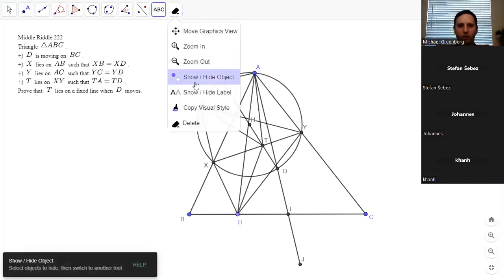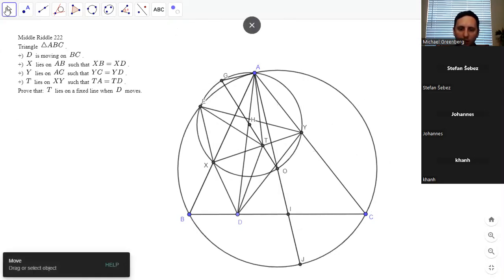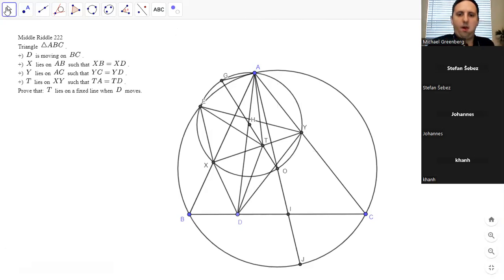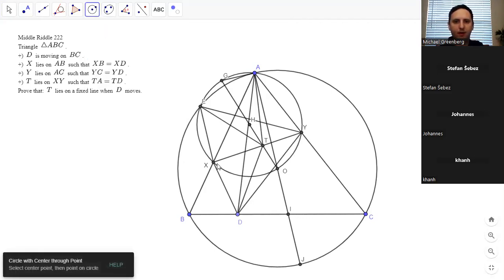So we know that the reflection of D across XY lies on the circle. And we have XE equal to XD equal to XB. So we know X is the center of that circle.